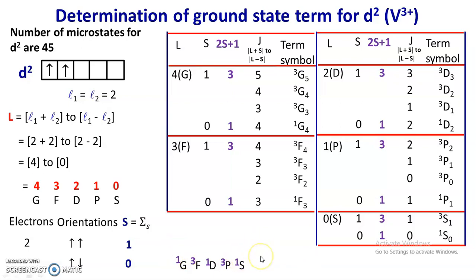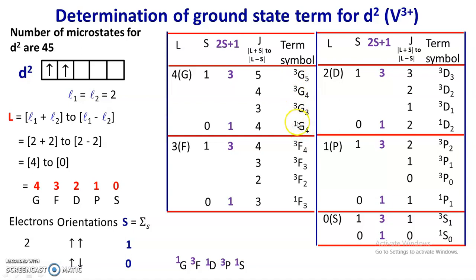Now which are the allowed term symbols? The G term with multiplicity 1 is the allowed term, and the corresponding term symbol is the only one, that is ¹G₄. ³G₃, ³G₄ and ³G₅ are not allowed because they have multiplicity triplet and not singlet.